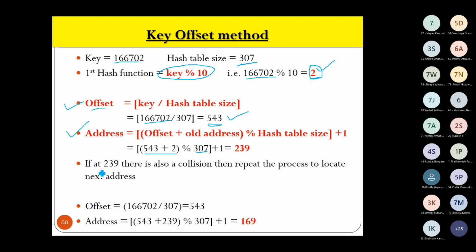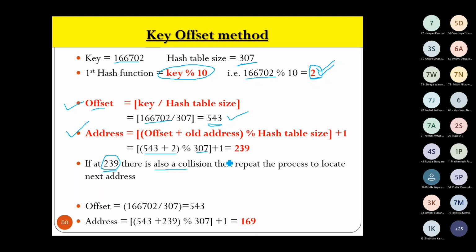Let us consider that this is the address which is selected, so that we can put this key value pair at this address. But if there is a collision again, if at that address there is already some value, like at 2 where the collision occurred, so we found a new address with the help of this method. Again with the help of this method, whatever address we have got, at that address again the collision has occurred.